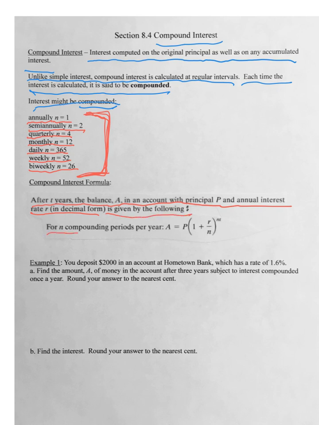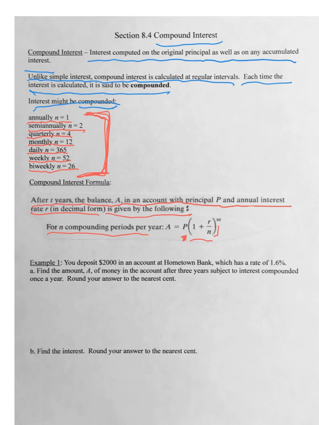For n compounding periods per year, the full amount that's in the account, or the full amount you owe if it's a debt situation, is A equals P, the principal, the original investment or the original amount borrowed, times parentheses 1 plus interest rate R divided by n, close your parentheses, raised to the n times t power.